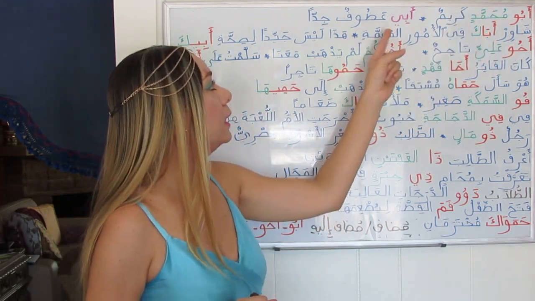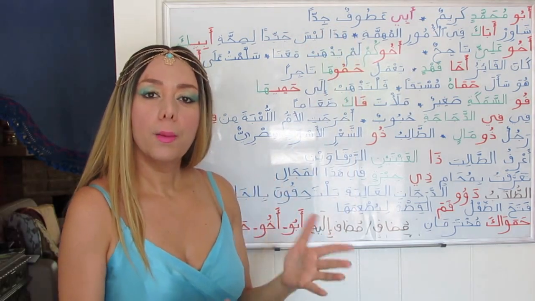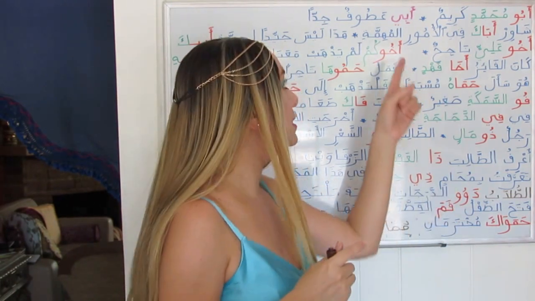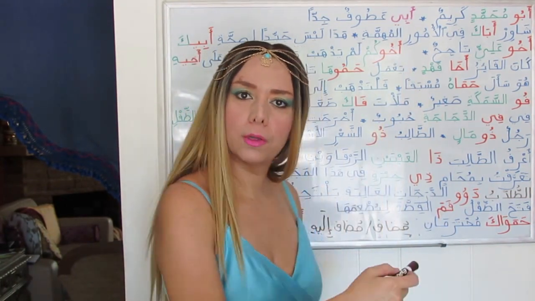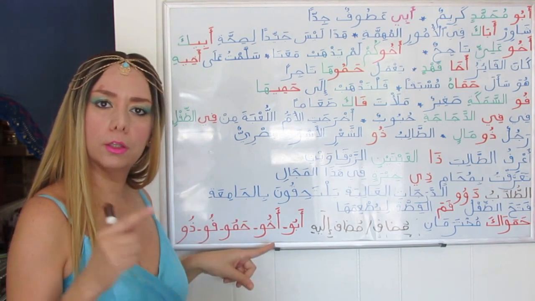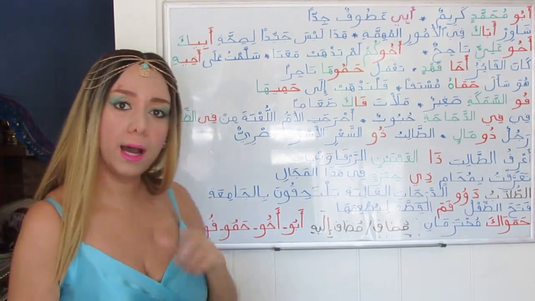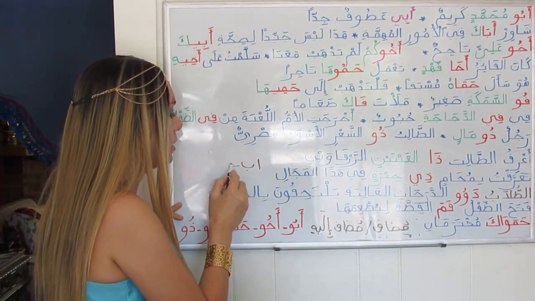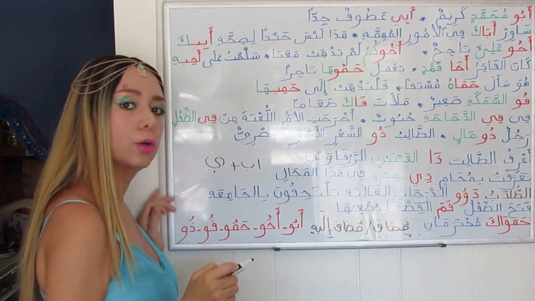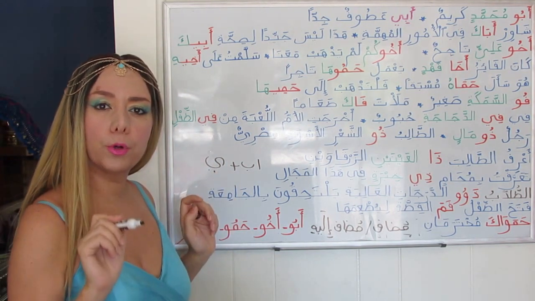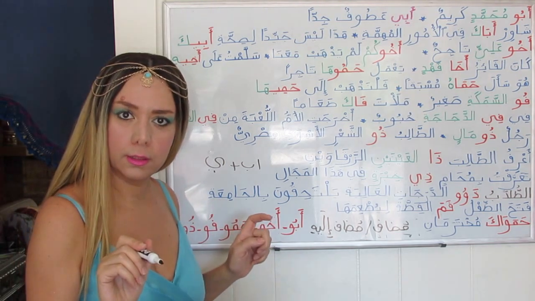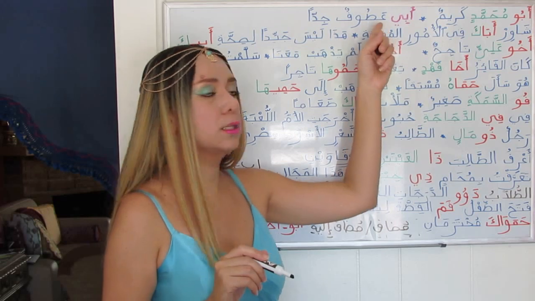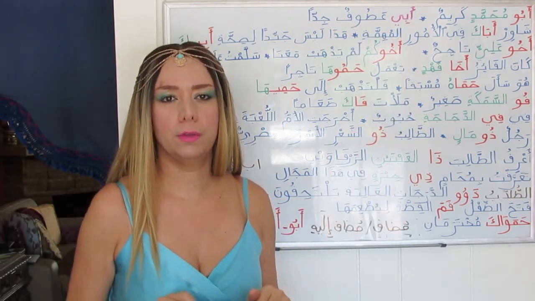Here, Abi atufun jiddan. My father is very affectionate. Is Abi part of this group of the 5 nouns? No. Why? Because ab here is suffixed with the possessive pronoun referring to the first person, singular, ya. So this one is not part of the 5 nouns.